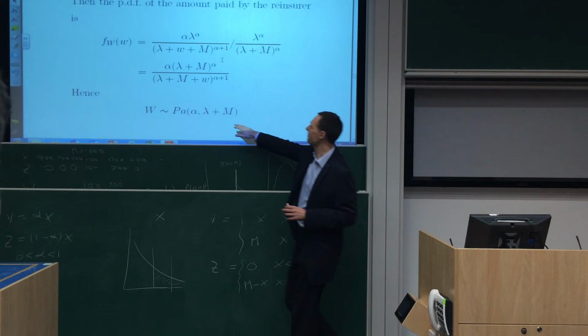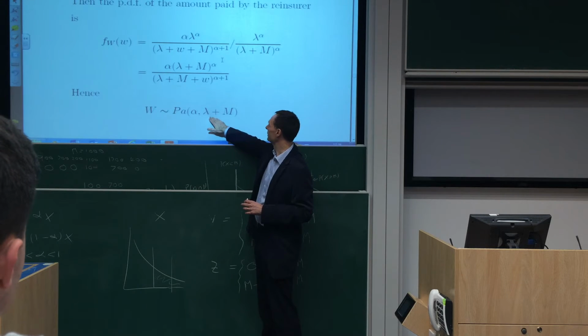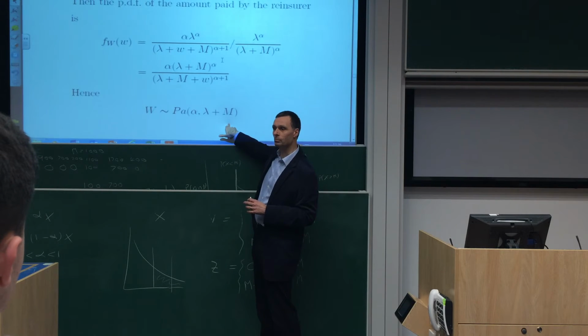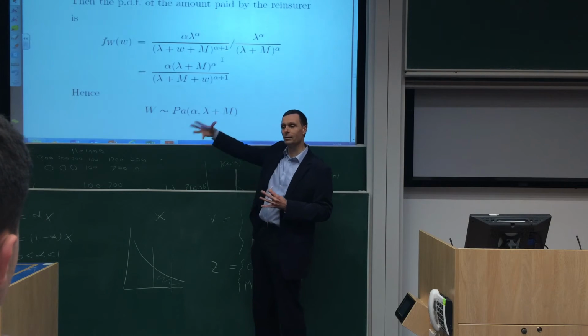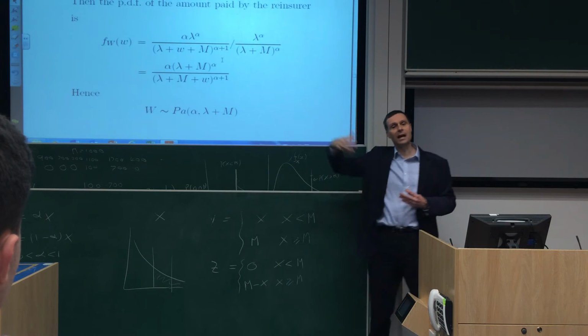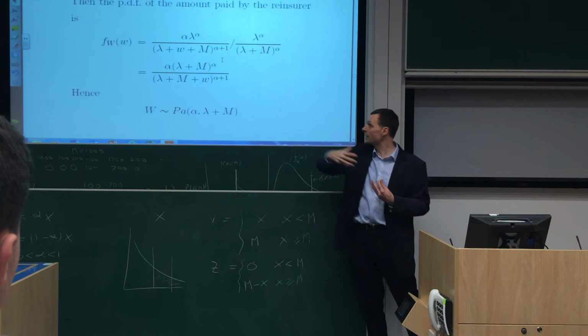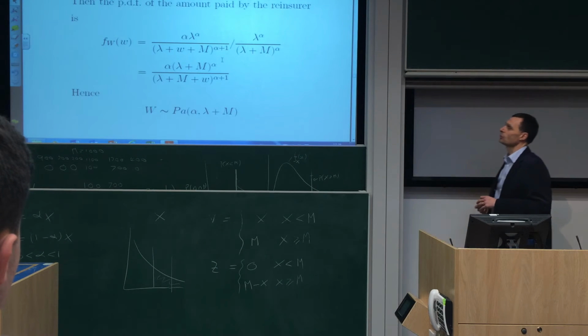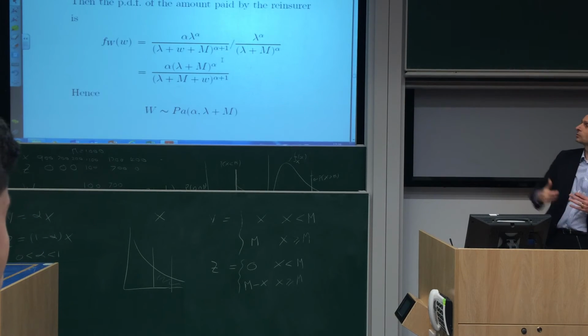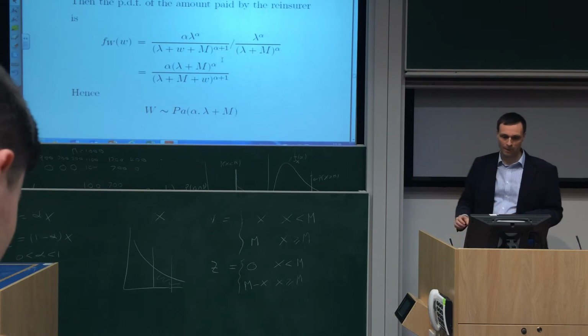The mean waiting time here is (lambda plus m) over (alpha minus 1), so in fact it's got bigger. If you know you're past m, that's the same thing with this heavier tail, it's going to be a longer waiting time. It's gone up a bit. Okay.